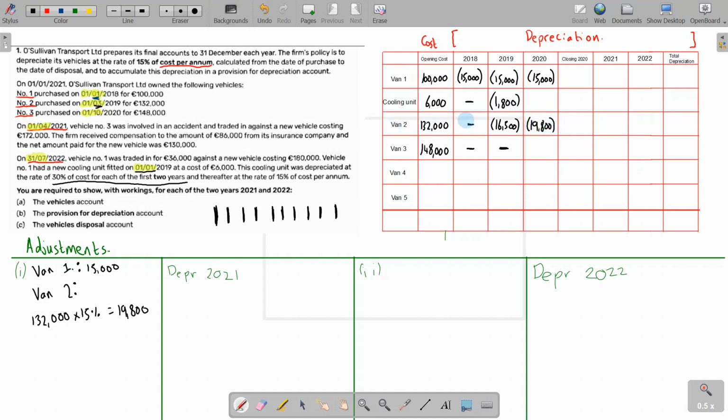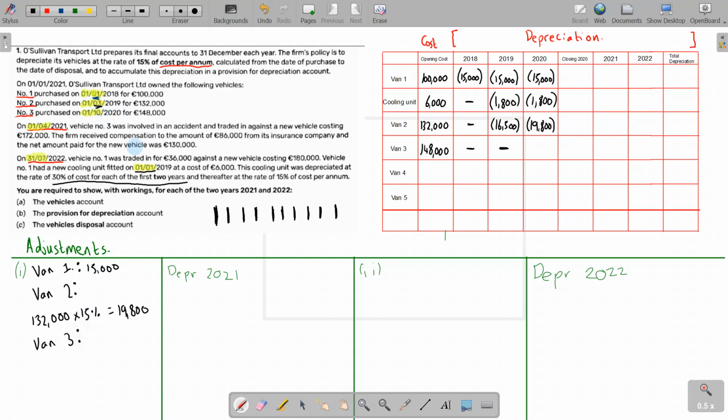Now the cooling unit, we've had it now for 1 year, and now we're going to have it for another year. So the 1st of 2020 to the very end of 2020 is another 1,800. So again, 30% of cost for the first 2 years.